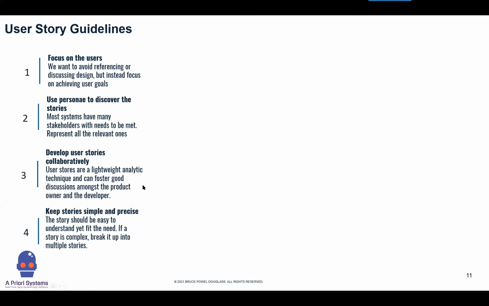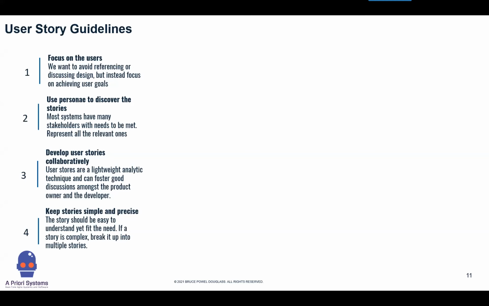Developing these collaboratively with the stakeholders and subject matter experts, as well as the developers and product owners, is really a good idea, because you want to make sure the designers understand it. You want to make sure the stakeholders' needs are being captured properly. And this should be precise enough. They say the general guideline for stories is if it's complex, break it up into multiple stories.